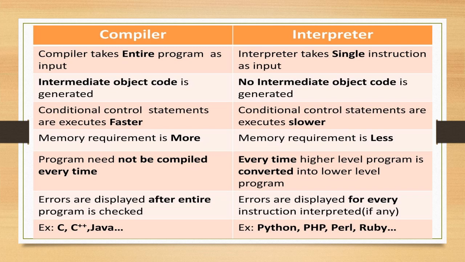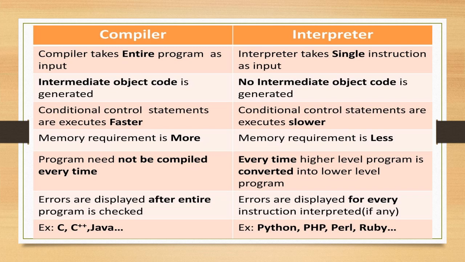Program need not be compiled every time while using the compiler, but in interpreter, every time the higher level program is converted into a lower level program. Errors are displayed after the entire program is checked in the compiler, and in interpreter, errors are displayed for every instruction interpreted if any.